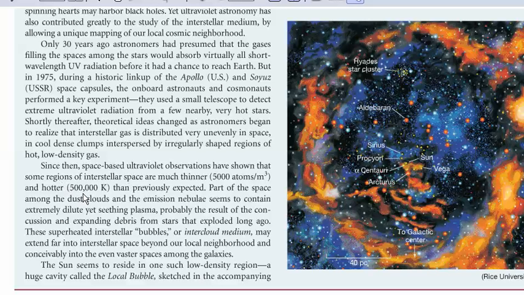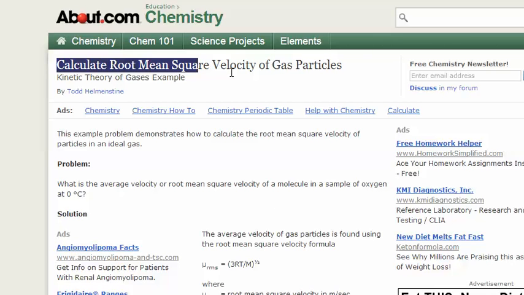There's another piece of data that the Introduction to Astronomy has that Wikipedia doesn't have, which is that the ambient temperature of the gas in this region is 500,000 Kelvin. Now this is not mentioned in the article on Wikipedia, so we have to kind of go on this, and we can do a bit of a calculation, because it is possible to calculate the root mean square velocity of gas particles based on their temperature and their mass.